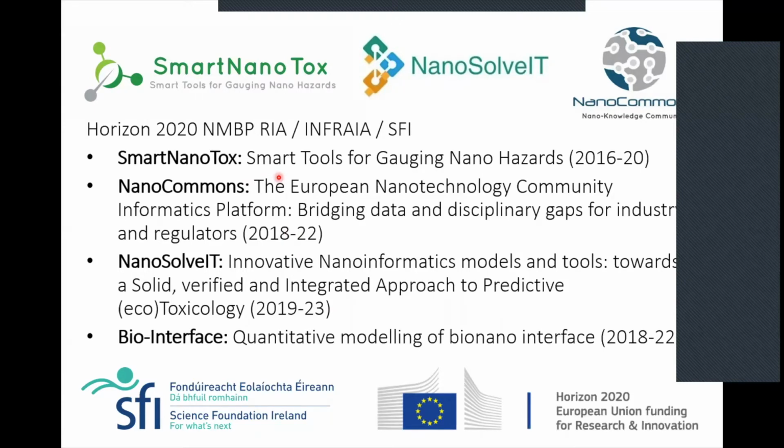Then NanoCommons, where we were developing infrastructure for managing information about nanomaterials and predictions. NanoSolvit is a nanoinformatics project where we apply ideas from bio and cheminformatics to nanomaterials, and biointerface modeling of the bionano interface, where we're interested primarily in medical applications like drug delivery, diagnostics and medical devices.